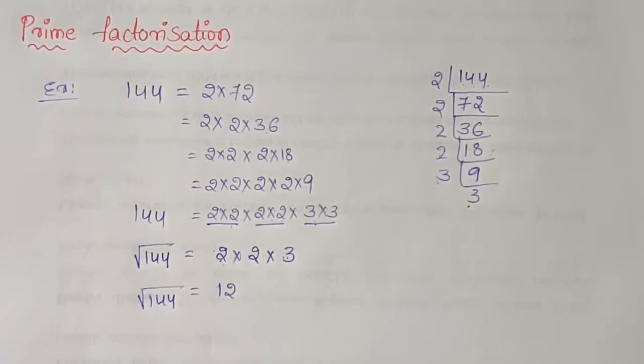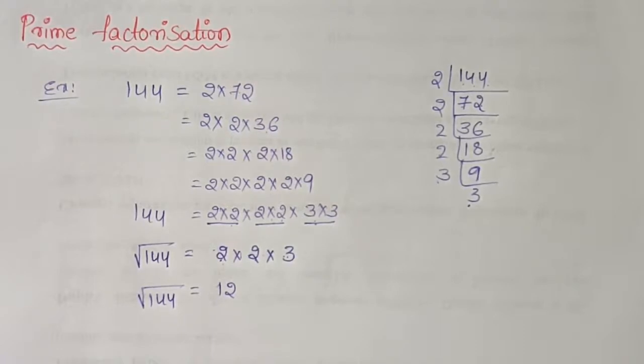By using the long division method, you can find the square root of any large number, and you can find it for both perfect square numbers and non-perfect square numbers. For decimal numbers also you can find the square root by using the long division method.